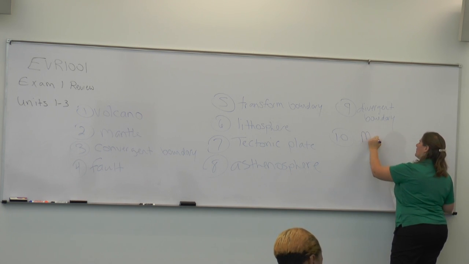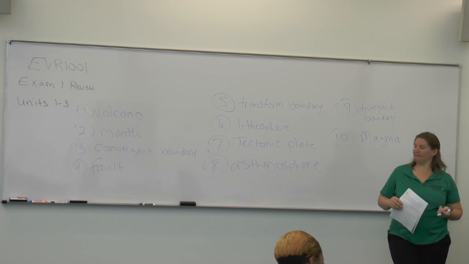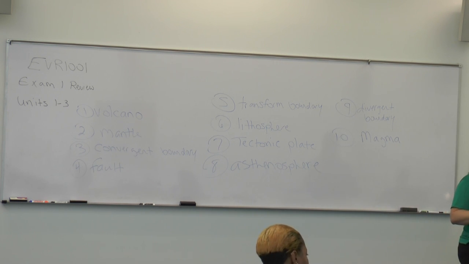Was that of a volcano? Magma is a very, very hot material. But when it comes up to the surface and comes out of the middle of the earth and hits the air, it starts to cool.